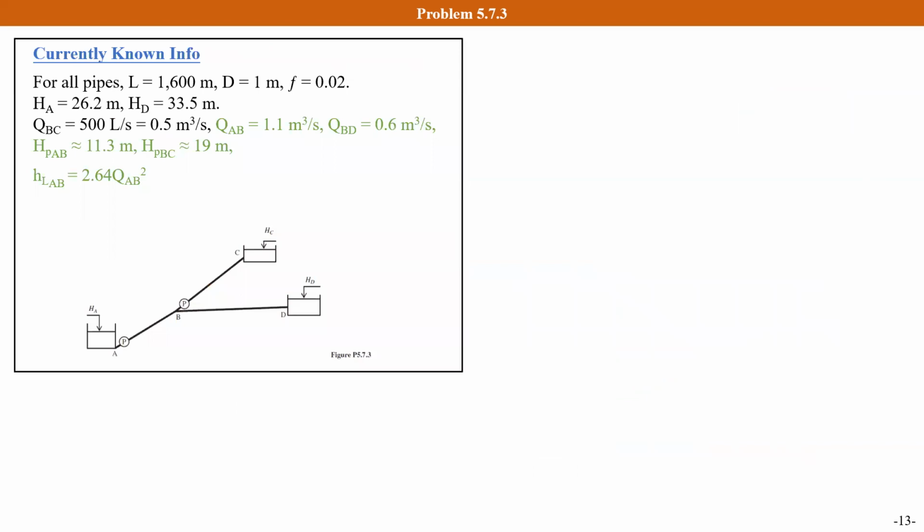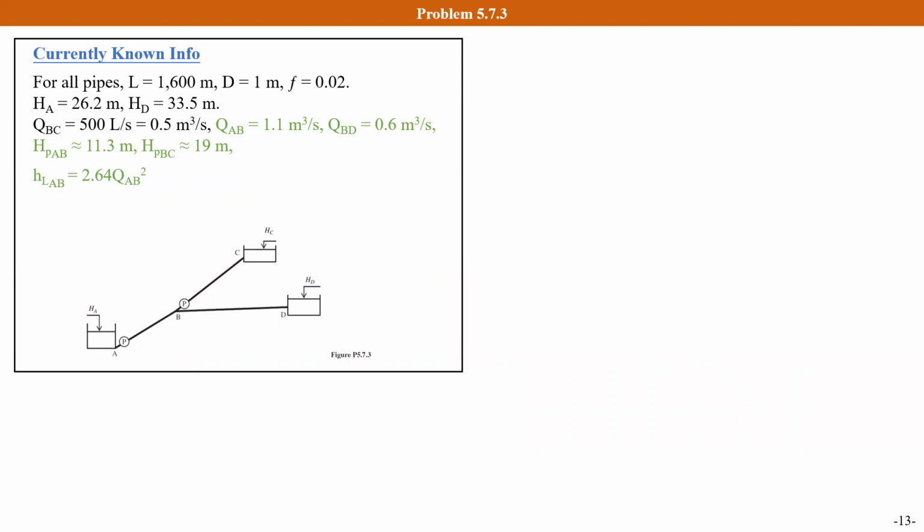So currently, we have the given information about the length, diameter, and friction factor for each pipe. We also know the water surface elevation in reservoirs A and D, and the flow rate in pipe BC. Based on the previous calculation, we know the total flow rate, equal to the flow rate in pipe AB, is 1.1 cubic meters per second, and the flow rate in pipe BD is 0.6 cubic meters per second.